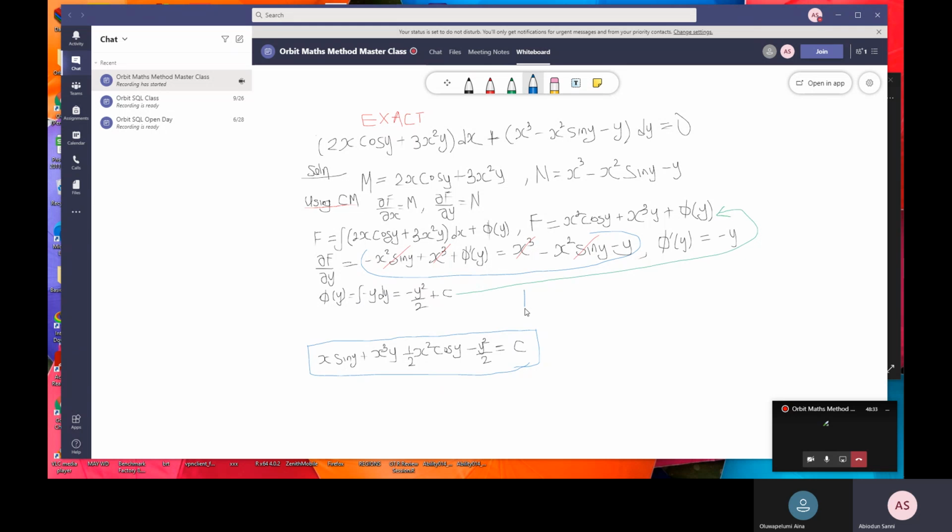So f is now equal to, let me just use a paper, f is now equal to x squared cos y plus x cubed y minus y squared over 2 plus c.